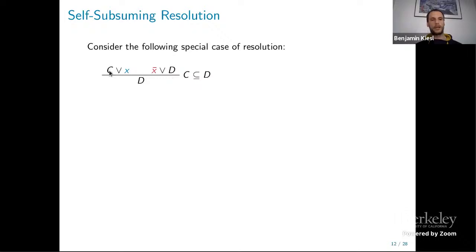Then you take below C or D usually, but since C is a subset of D, what you end up with is just D. Here's an example. You have A or B or X, and then on the right you have A or B or C or not X. And since A or B is a subset of A or B or C, when you resolve these two clauses, what you end up with is just A or B or C.